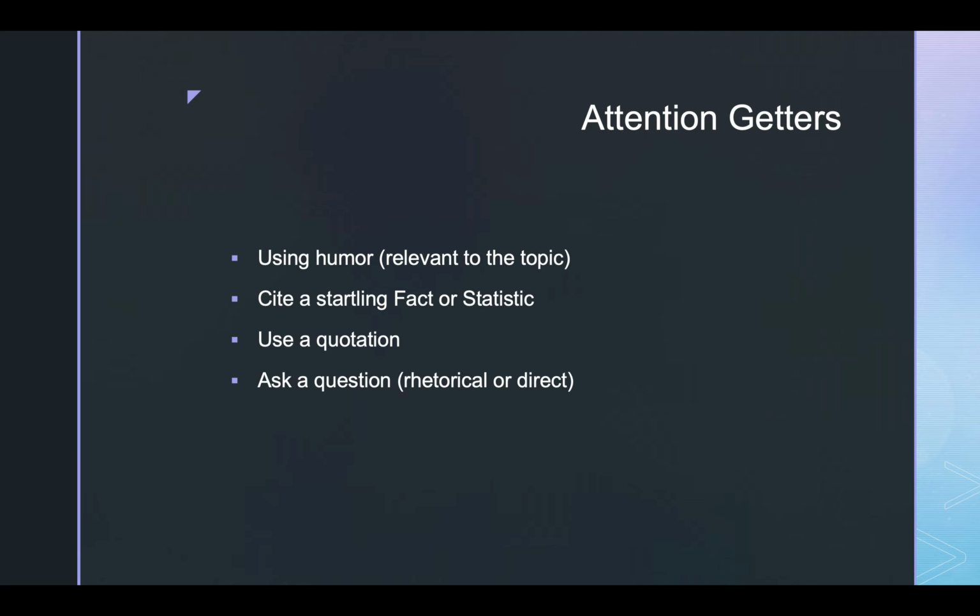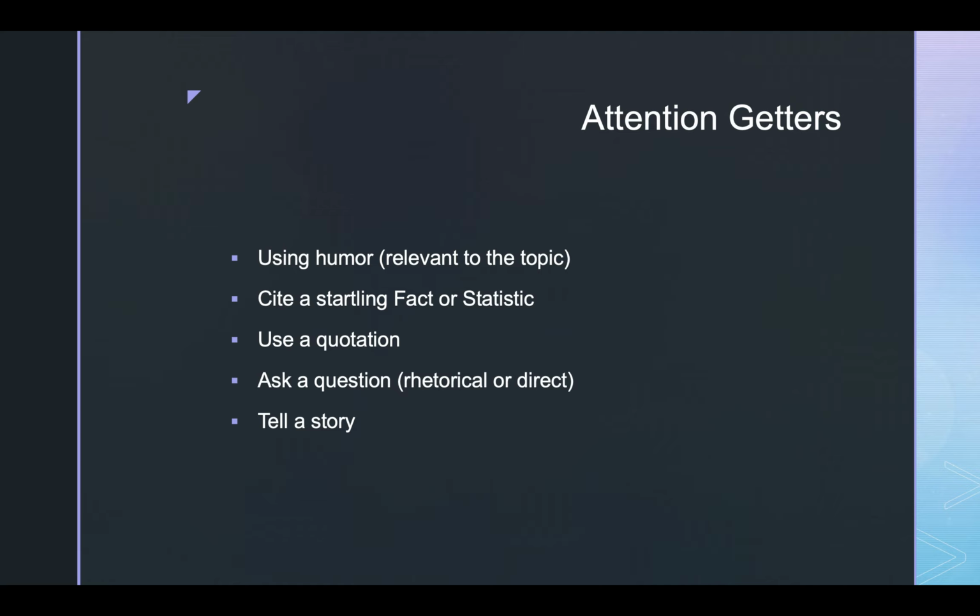That question could be direct or rhetorical. With direct questions, be careful that you don't take too much time when it comes to fielding answers from your audience. And rhetorical questions typically work better because they allow your audience to consider something, mull something over as you continue forward in the speech.